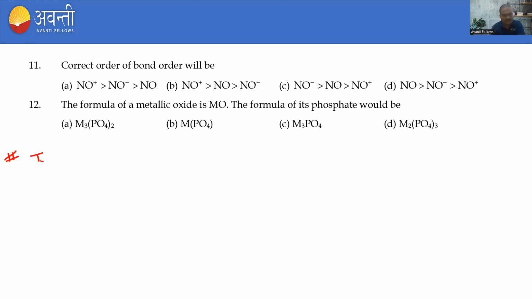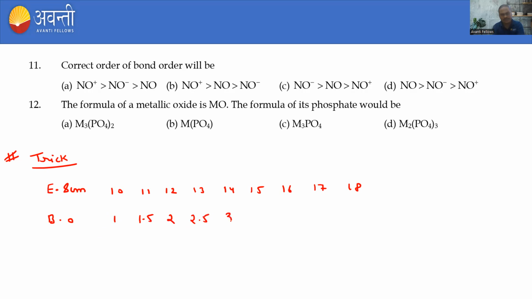The rule, or we say trick, is that here we have the electron sum, and here we have the bond order. If the electron sum is 10, 11, 12, 13, 14, 15, 16, 17, and 18, the bond order would be 1, 1.5, 2, 2.5, 3, 2.5, 2, 1.5, and 1.